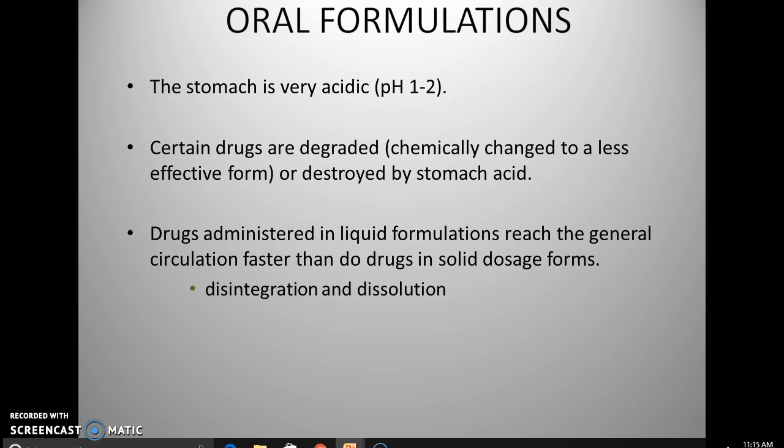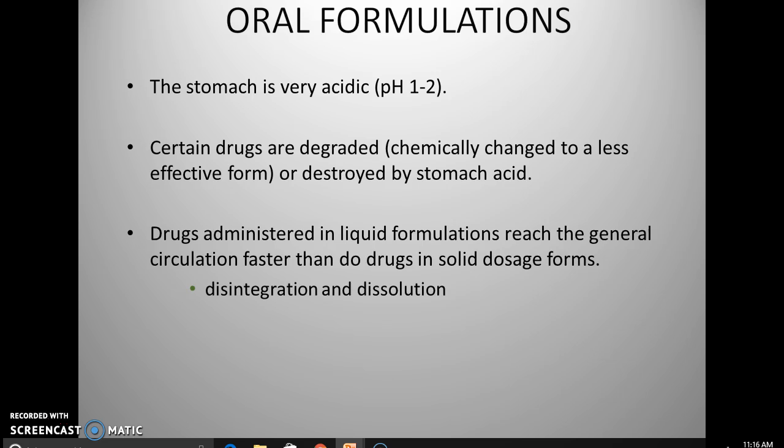Certain drugs are degraded, changed into a less effective form if they go through the stomach, and many are destroyed by the stomach acid. So some of the things that occur with drugs going through the stomach is destruction of that particular drug. Therefore, the formulation must be such that it's able to resist that particular environment.